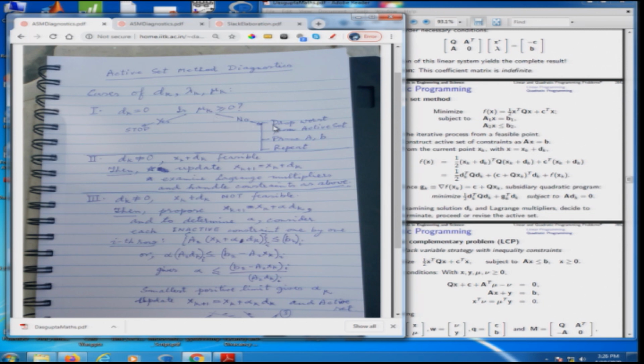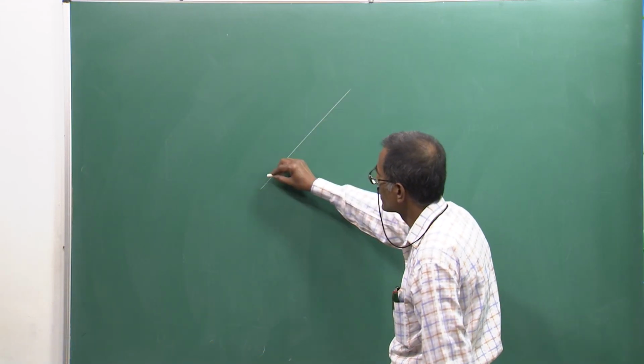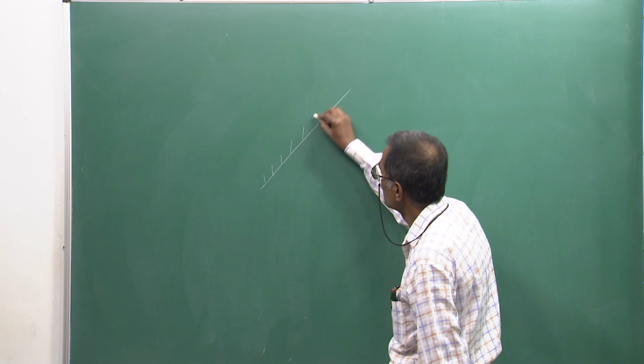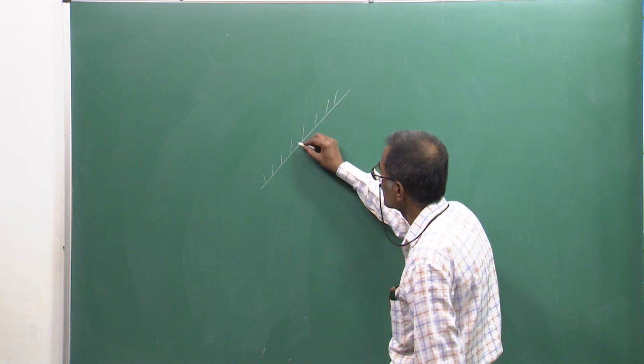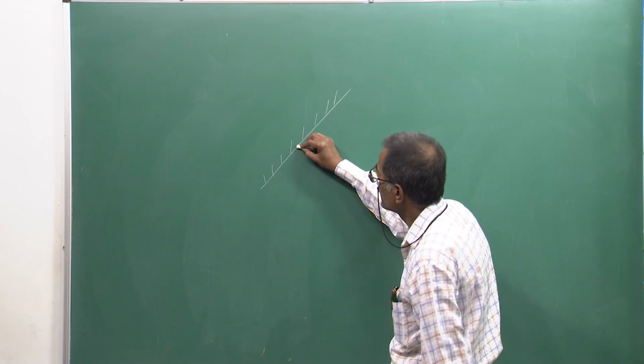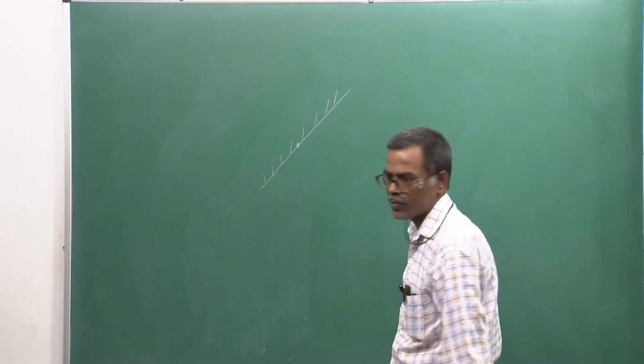If not, then there will be some of the mu's which are negative, and whichever is the worst negative, that is the most negative, you say this particular constraint had no business sitting in the active set. Why? See this. This is the constraint. As it happens, you have taken the initial point here.